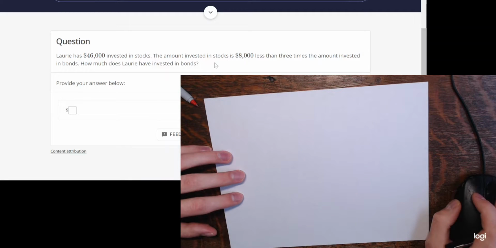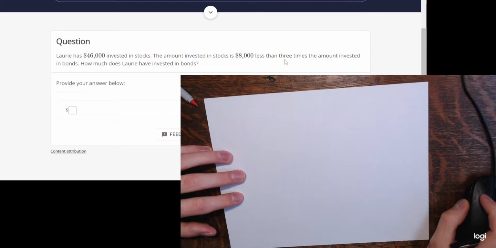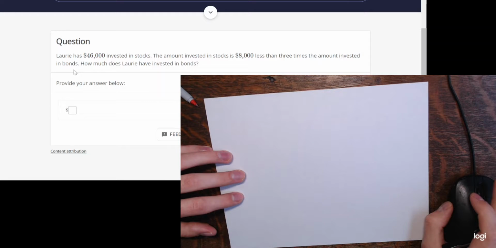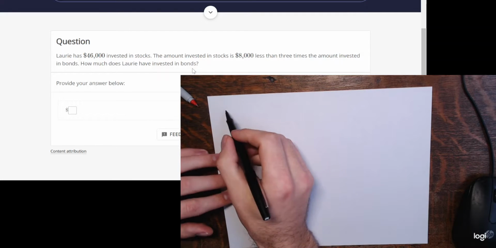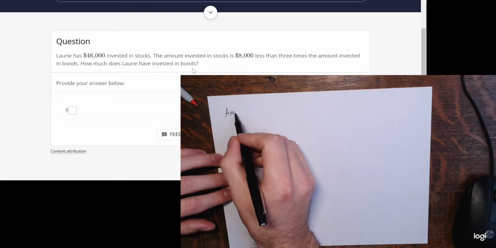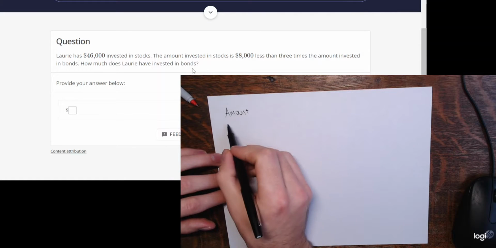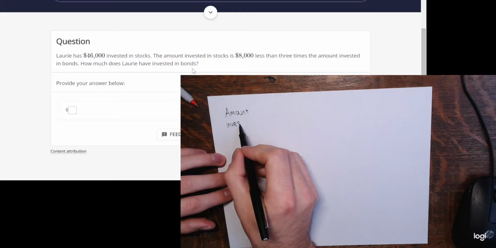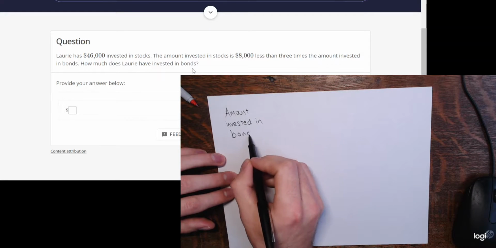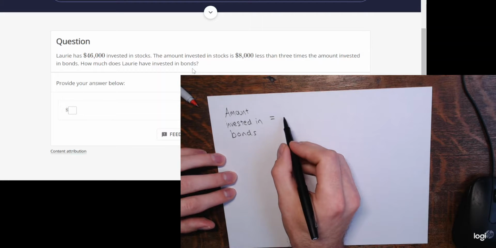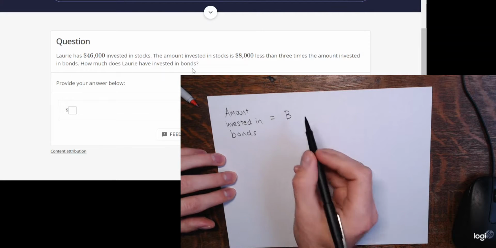The amount invested in stocks is $8,000 less than 3 times the amount invested in bonds. How much does Lori have invested in bonds? So the amount of money invested in bonds is what is being asked of us here. And again, I'll call this B this time for bonds. Why not?